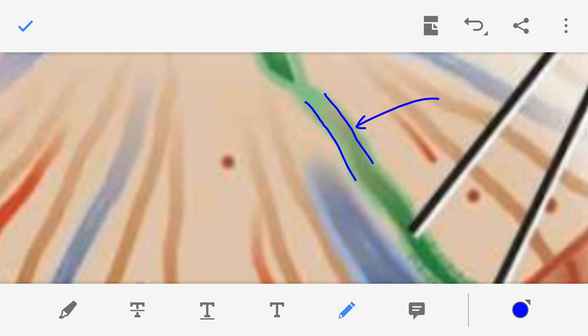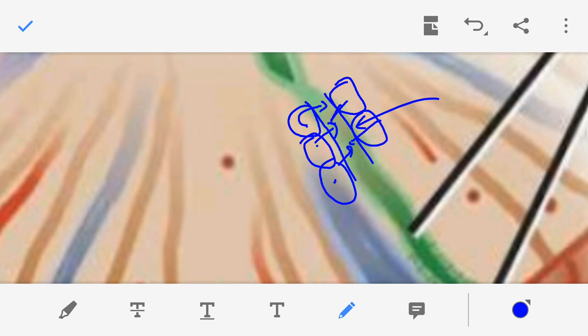Now what happens here, the hepatocyte cells secrete bile into this canaliculus, so this canaliculus is receiving the bile which is secreted by the hepatocytes.